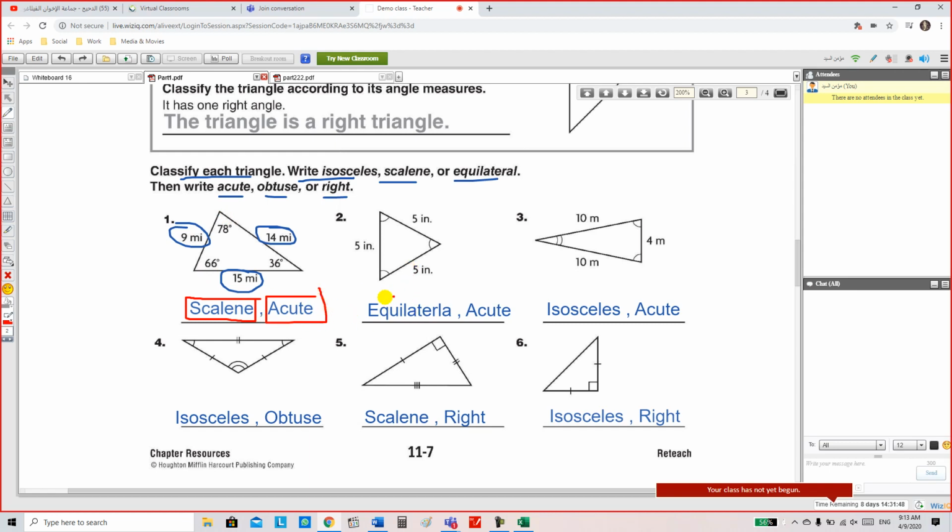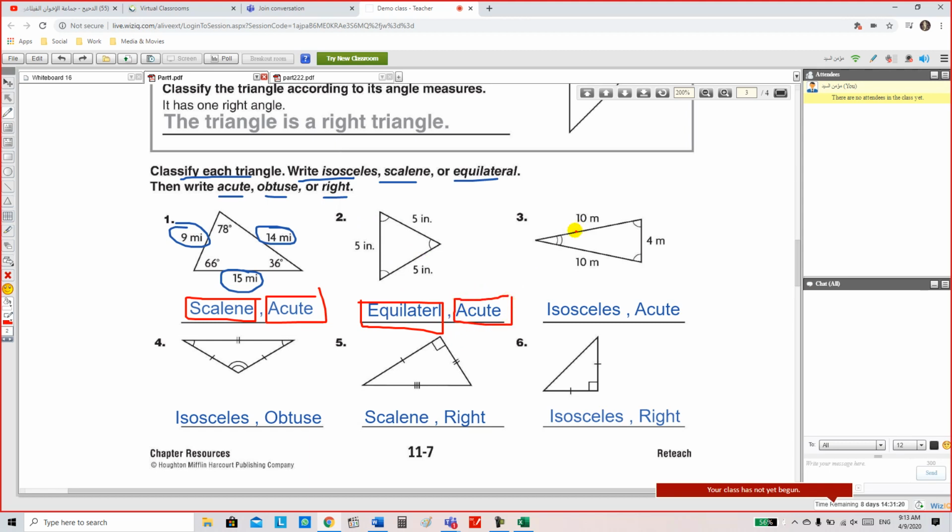Here, equilateral triangle, because all sides are equal in length. And all angles are less than 90, so it will be acute angles.